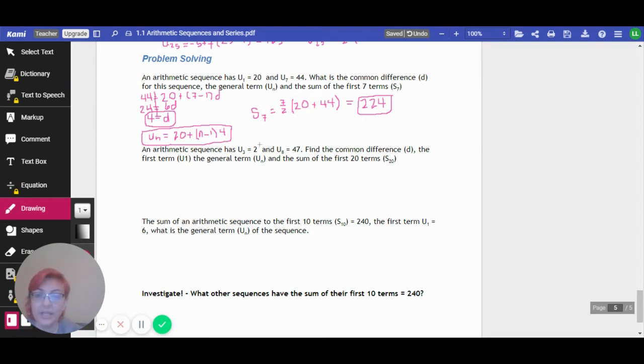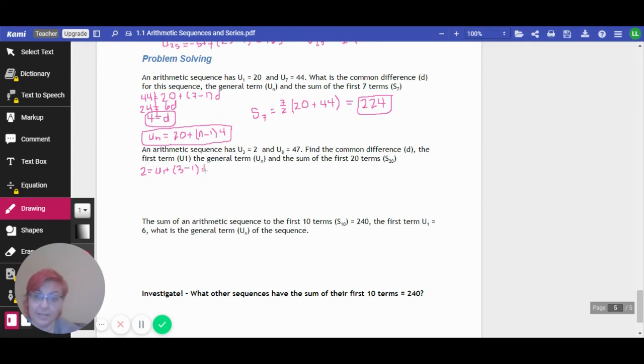So when n is 3, I know that 2 equals the first term plus n, which is 3, minus 1 times the common difference.